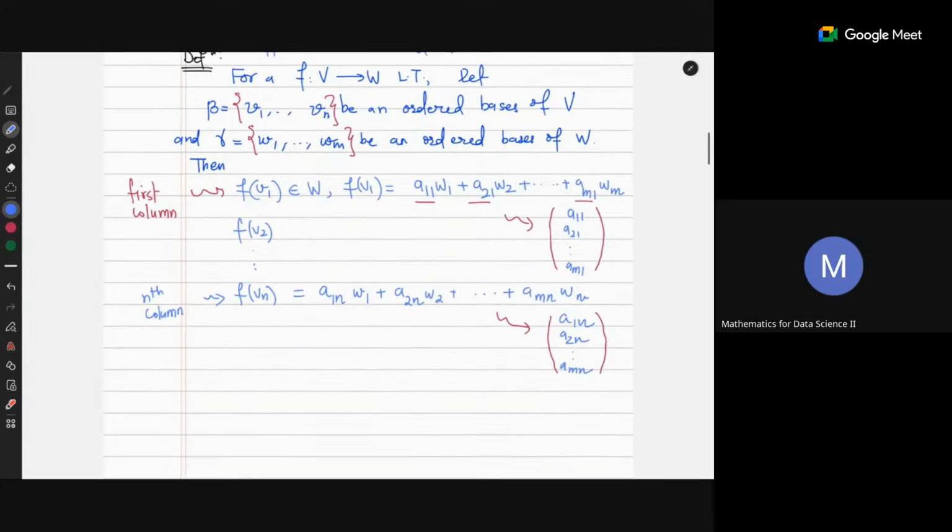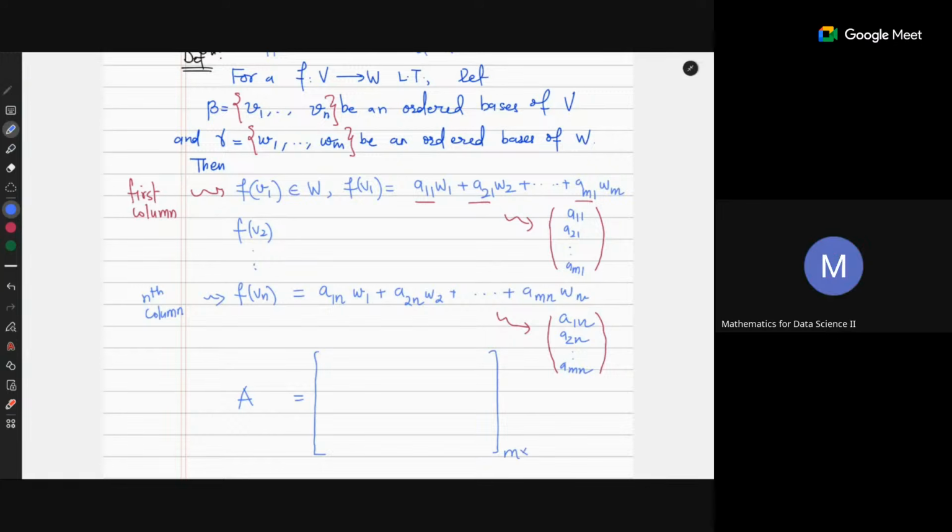All right. Now we can write down the matrix. So matrix A is, first of all, this matrix is going to have how many columns? n columns and m rows.